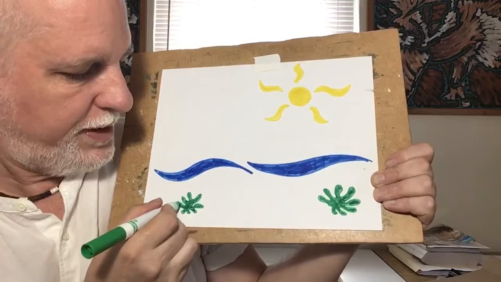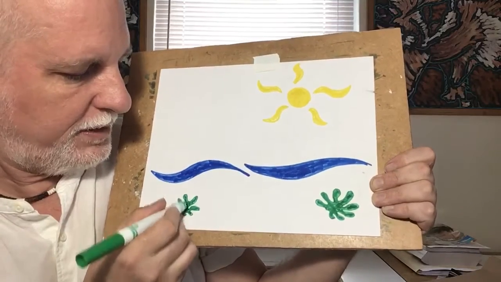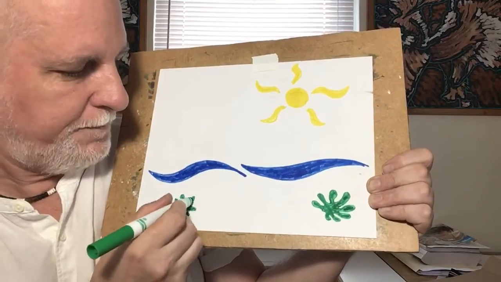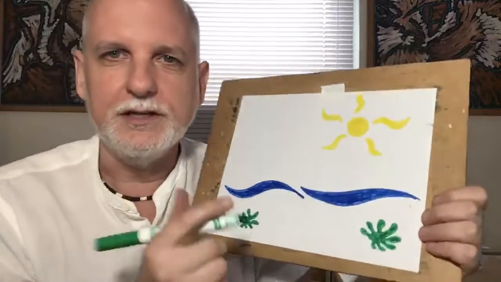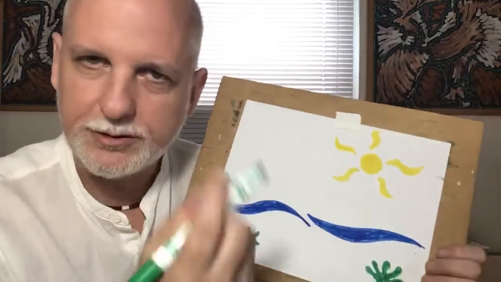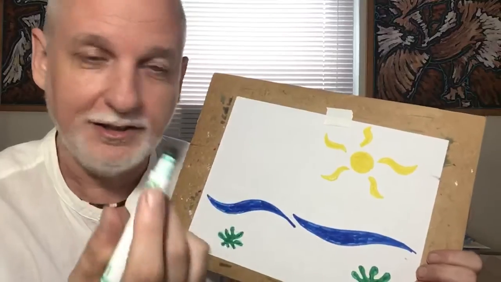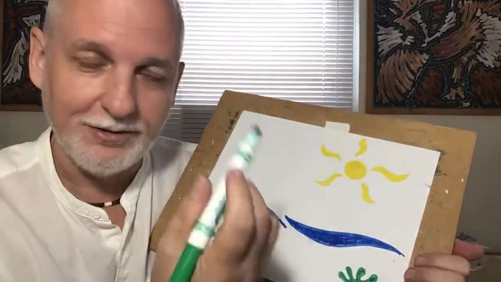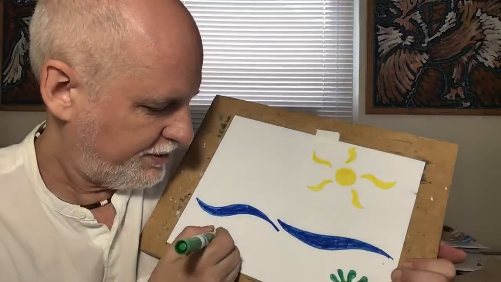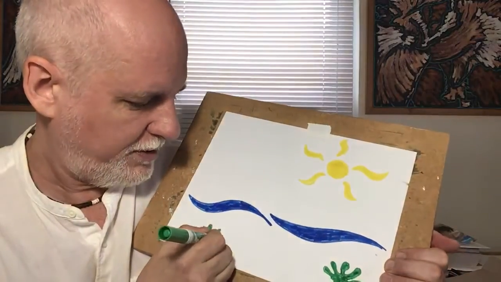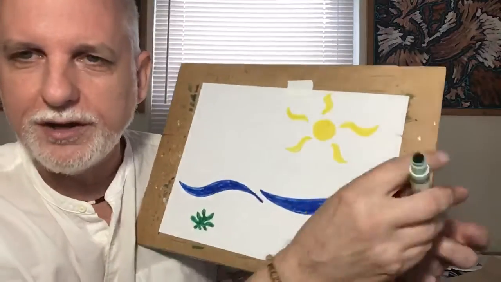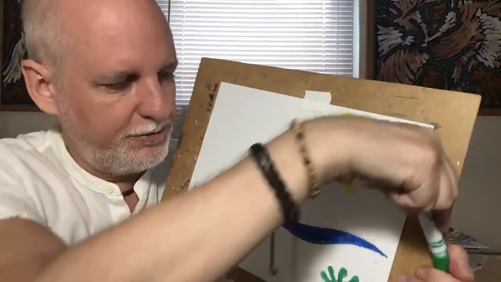Fill it in a little better. Get every little spot of white. I know sometimes you kids, you kind of rush things, especially with markers. You rush so fast that the marker ink can't come out and it looks like it's dry because you go so quick. But take your time. There's not much more going on here, so it shouldn't take too long.